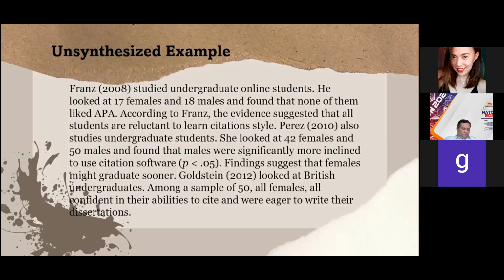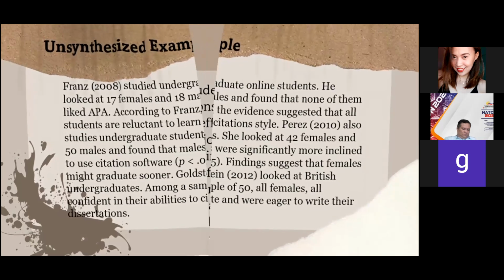She looked at 42 females and 50 males and found that males were significantly more inclined to use citation software. Findings suggest that females might graduate sooner. Goldstein, in 2012, looked at British undergraduates. Among a sample of 50, all females, all were confident in their abilities to cite and were eager to write their dissertations.